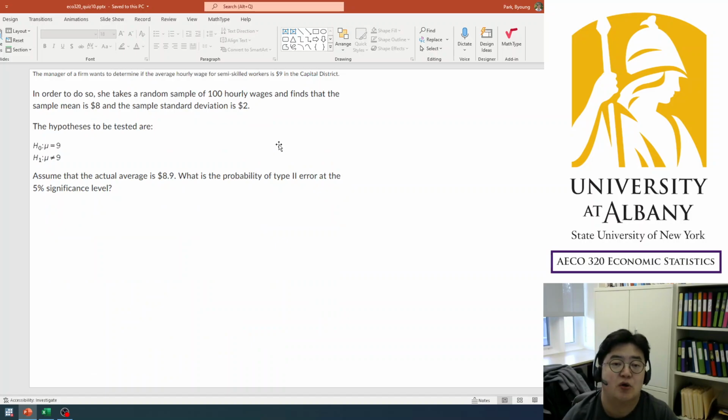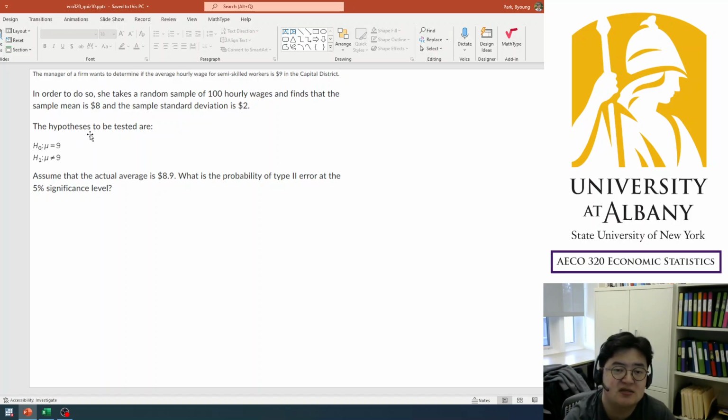So next question. The manager of a firm wants to determine if the average hourly wage for semi-skilled workers is $9 in the capital district. In order to do so, she takes a random sample of 100 hourly wages and finds that the sample mean is $8 and the sample standard deviation is $2.